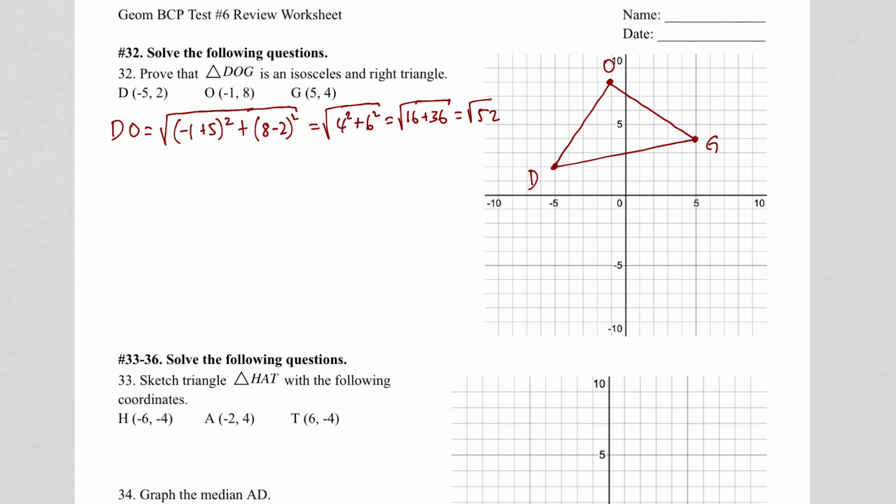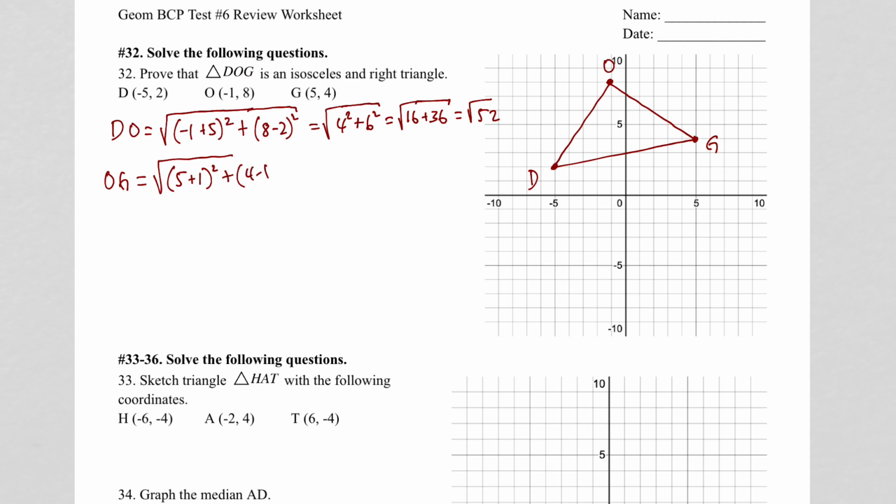All right, now I need the distance OG. So OG is the square root of, let's see, this minus this, so 5 minus -1, which is 5 plus 1 squared, and this minus this squared.